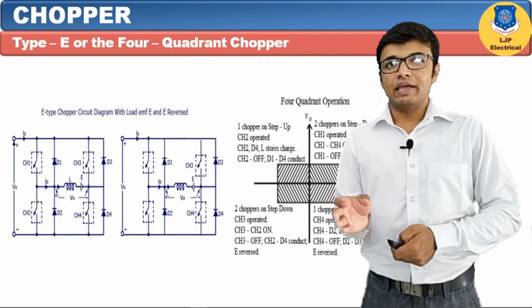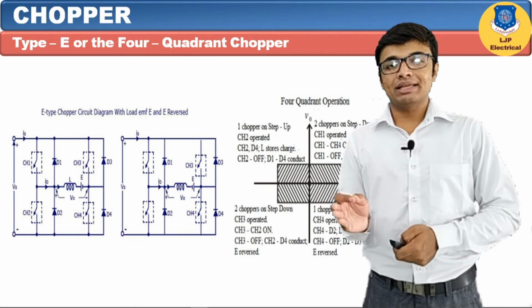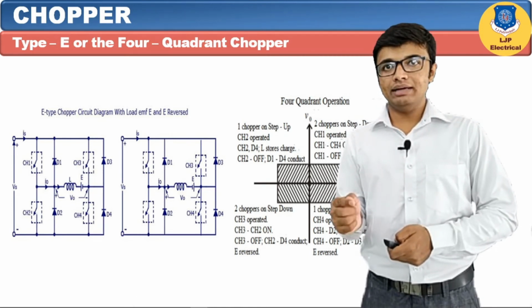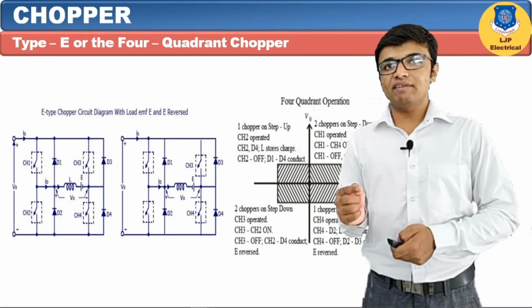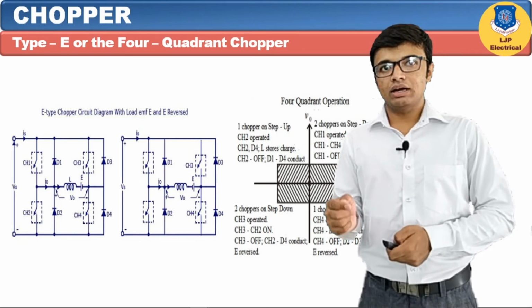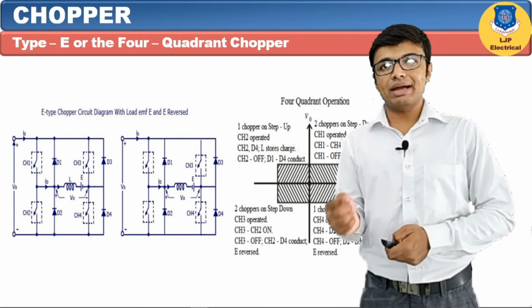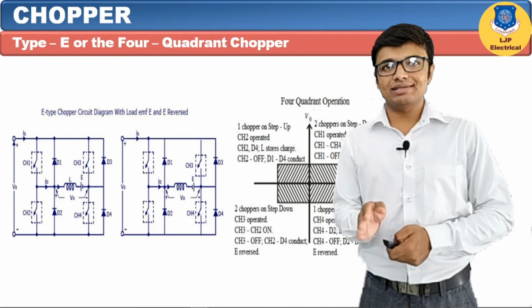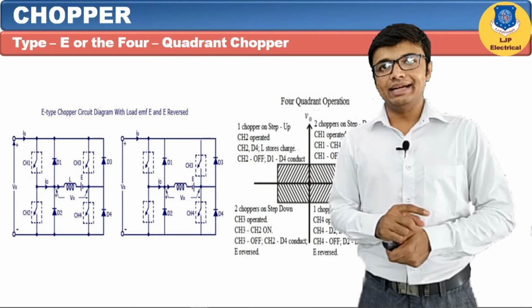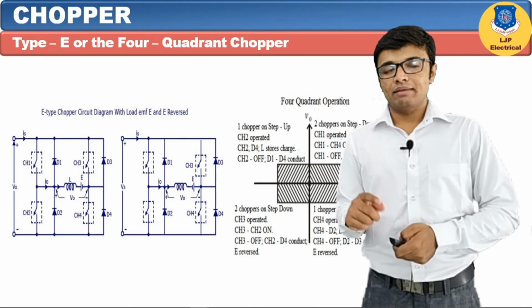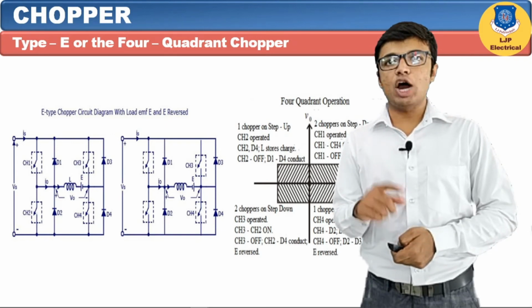And the last, if we turn off switch 2 and switch 3, then the inductor is going to dissipate its energy through diode D1 and diode D4, such that the current will flow from the inductor to diode D1, supply, diode D4 and come back to the inductor. Hence we will get operation in the second quadrant, and it is also a step up chopper because input voltage is less than the output voltage.